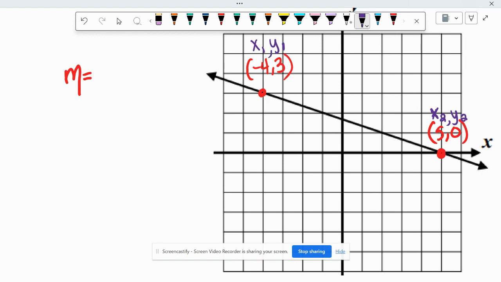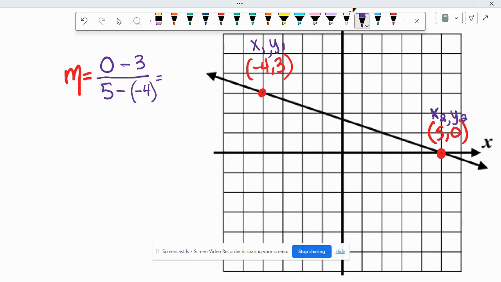So let's see, y sub 2, 0, minus y sub 1, 3, over x sub 2, 5, minus x sub 1, which is negative 4. Should this have positive slope or negative slope? How do you know? Why? Yeah, the graph is going down. Y is getting smaller, so it should have negative slope.